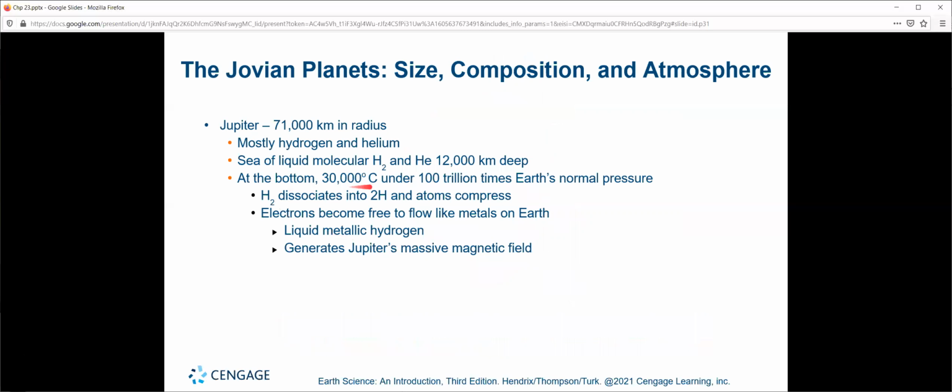Here's an image of what we imagine is going on there. You have your rocky metallic core where your gravity is held, and then this liquid metallic hydrogen is what we're talking about here, the 30,000 degree, 100 trillion times Earth's pressure disk. This rocky core exists simply because the massive amount of pressure doesn't let it become liquid.